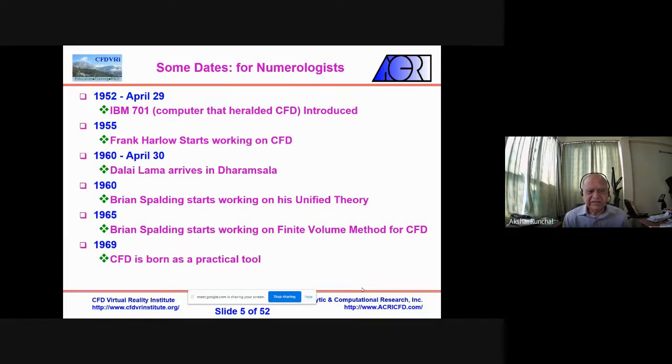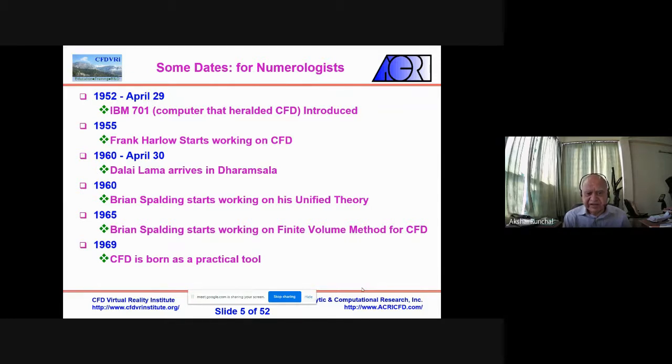In '60, the Dalai Lama arrived at Dharamshala, and I left to do my graduate program in engineering in Chandigarh. And also Brian Spalding started working on his unified theory, which played a major role in the Imperial College approach of computational fluid dynamics.